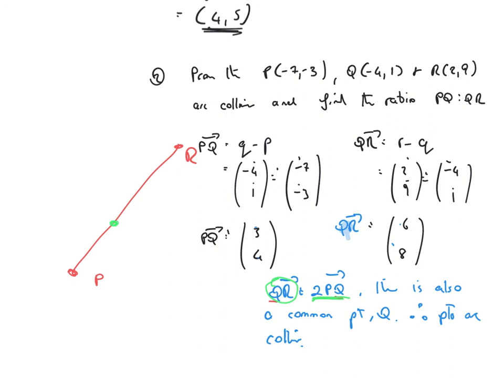So this line from here to here, this vector, would be double the length of this vector, which means it must be in that ratio. Alright, that is double, 2 steps to 1 step. So the ratio of P to Q to Q to R, I could then write that down as PQ to QR is, well, it's 1 to 2. Final answer.